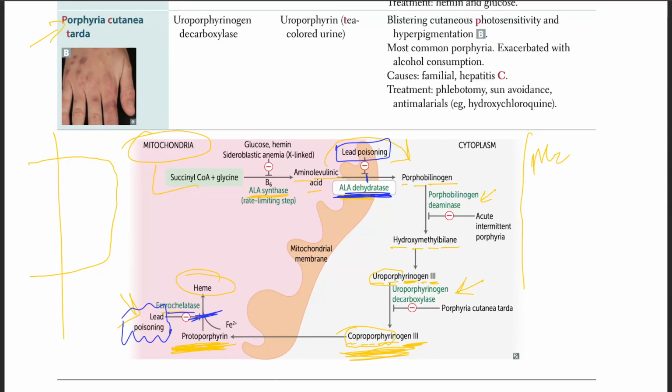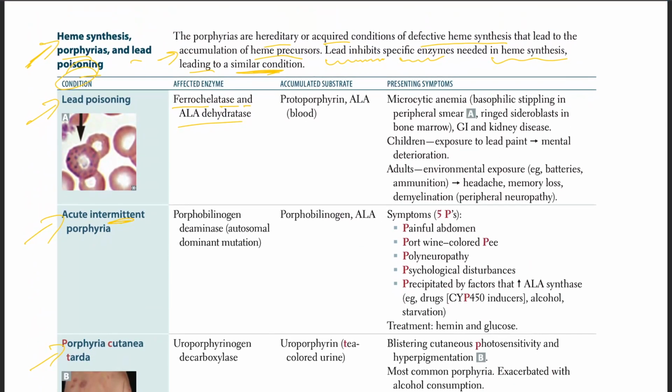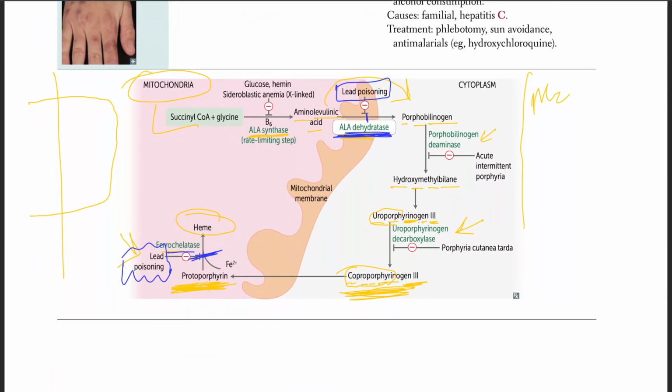If you inhibit both of these steps, you are going to accumulate protoporphyrin and ALA, just by lead poisoning.